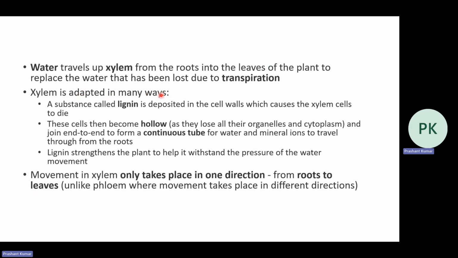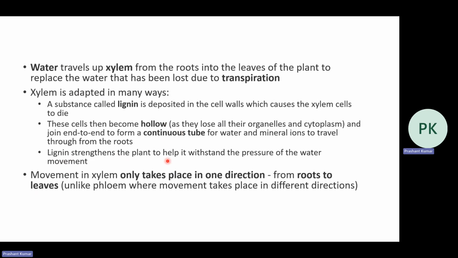Xylem is adapted in many ways. They have lignin, which makes the wall slightly tougher, right? And they are dead in nature. Second, these cells become hollow and tube-like, because they are connected end to end to form a continuous tube through which water and minerals are going to move.